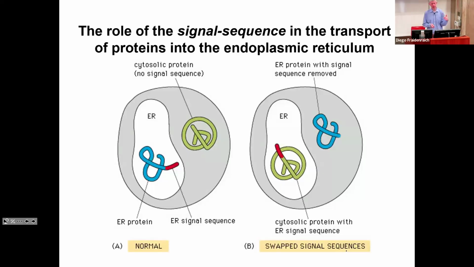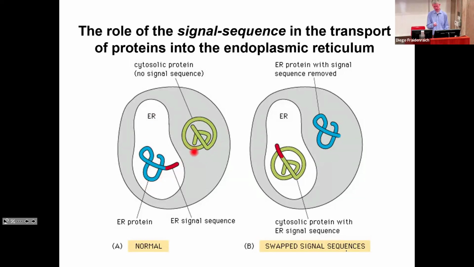Okay, so these signal sequences, from this experiment here, are not depending on the rest of the protein. They would function by themselves, and you can show that by genetic engineering. In fact, here you have two proteins. One protein naturally has the ER signal sequence, which helps to import this protein into the lumen of the endoplasmic reticulum.